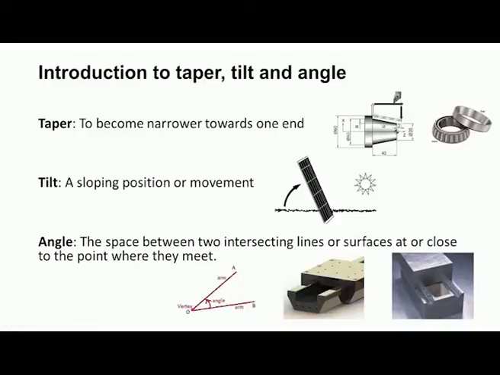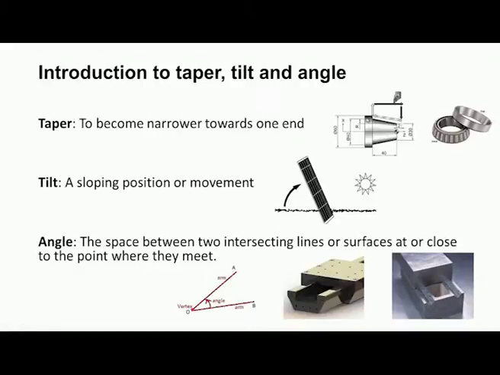So, you can see here there is a component. The length of this particular portion of the component is 40 millimeter, and from here to here the diameter is 40 millimeter, and now towards the other end the diameter is reducing. At this particular location the diameter is 30 millimeter.